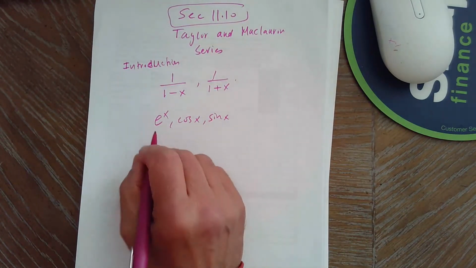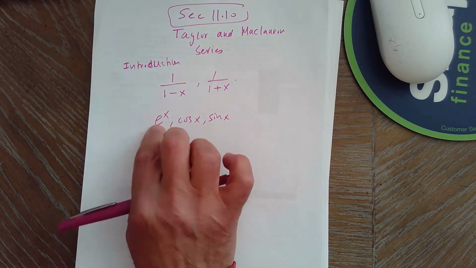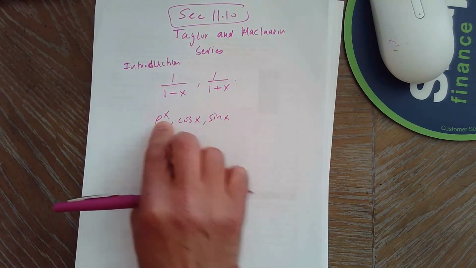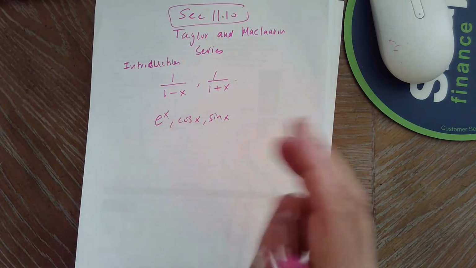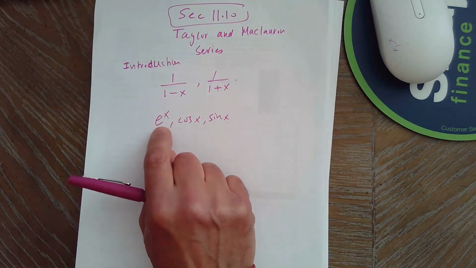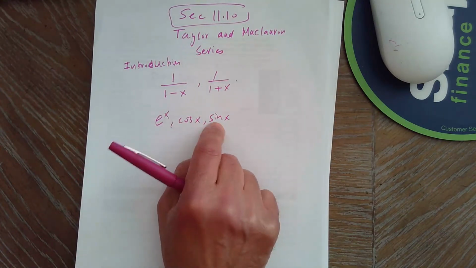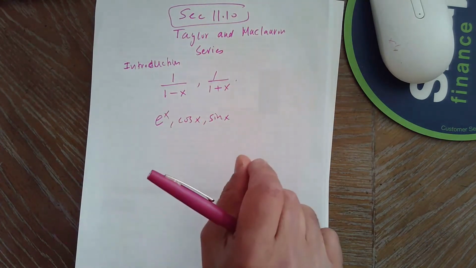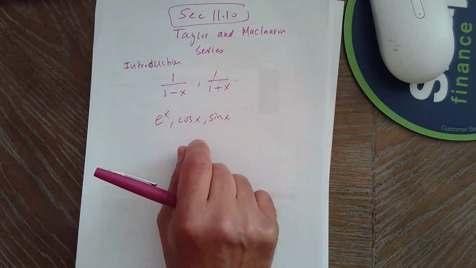The question is, can we find a power series representation for e to the x, cosine x, and sine x, and similar functions? Can we expand infinitely differentiable functions such as these into a power series that converges to the correct functional values f of x?